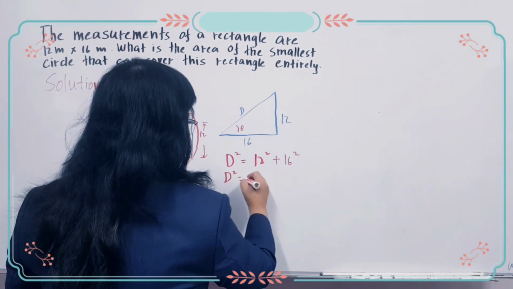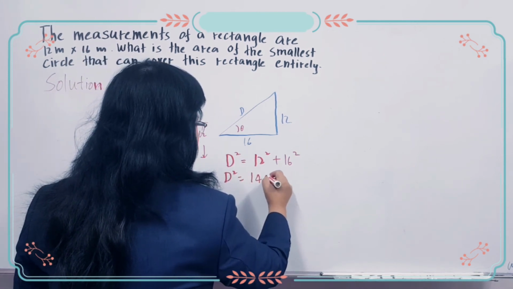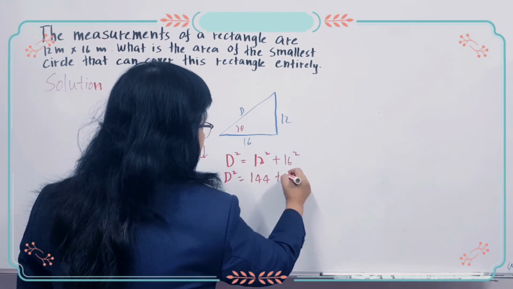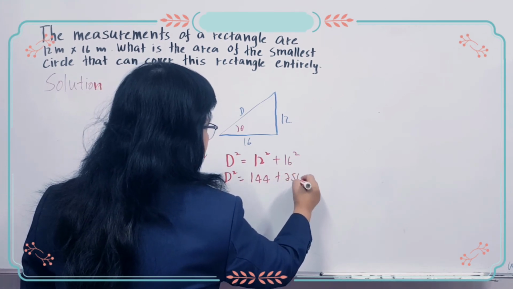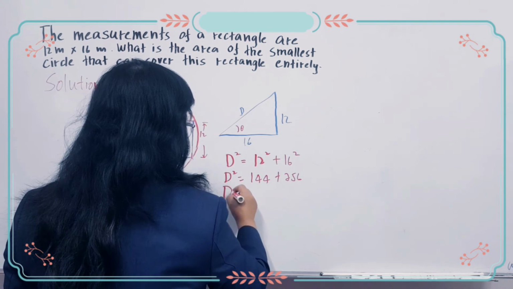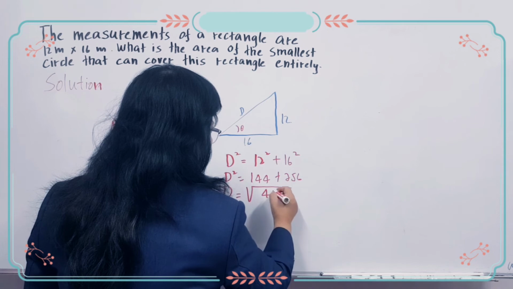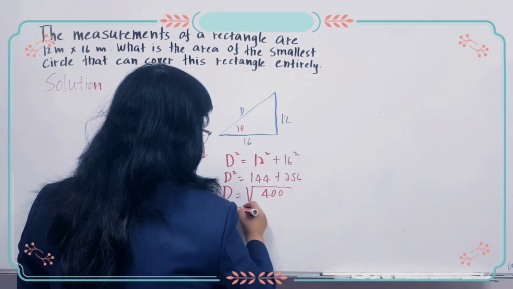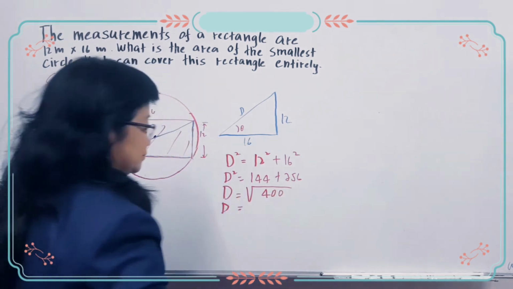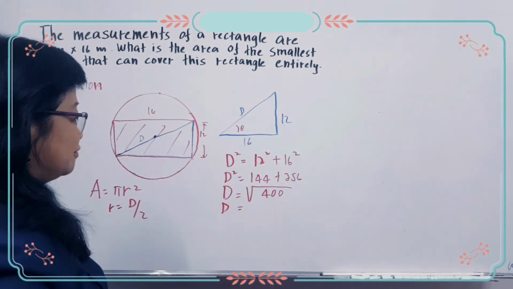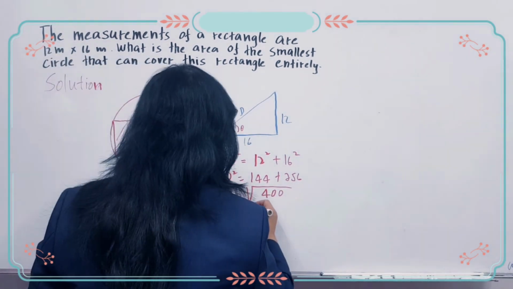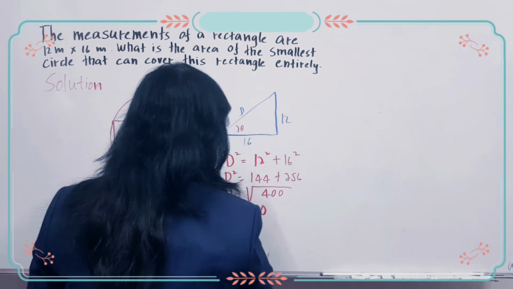D squared therefore is equal to 144 plus 256. Therefore, the diameter is equal to the square root of 400, which is 20 meters.